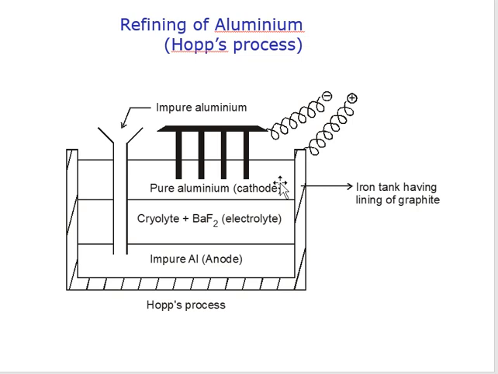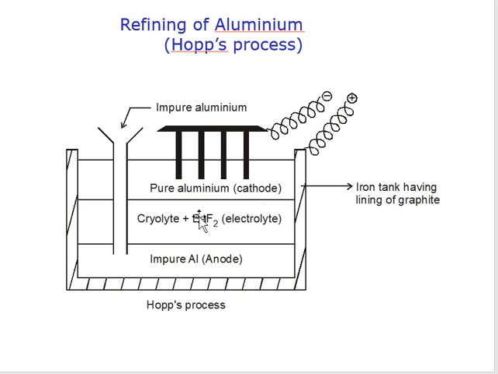There are some uses of aluminum. Aluminum is a very soft metal, and it has various uses.